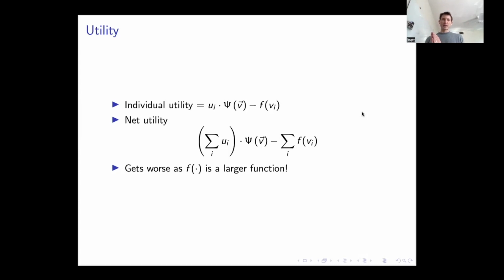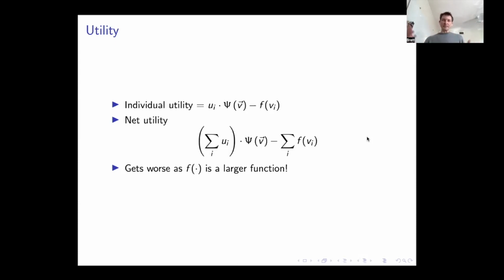And if everyone's incentive is aligned, then the utility part at the beginning sums up, and then we have to sum the costs. Now one problem with this model, and that's also come up in the previous works that have done this, is that if you're just looking at net utility here and you make people pay to vote, the more they pay, the worse the net utility is. But that's kind of an artifact of the system that's not really reasonable.